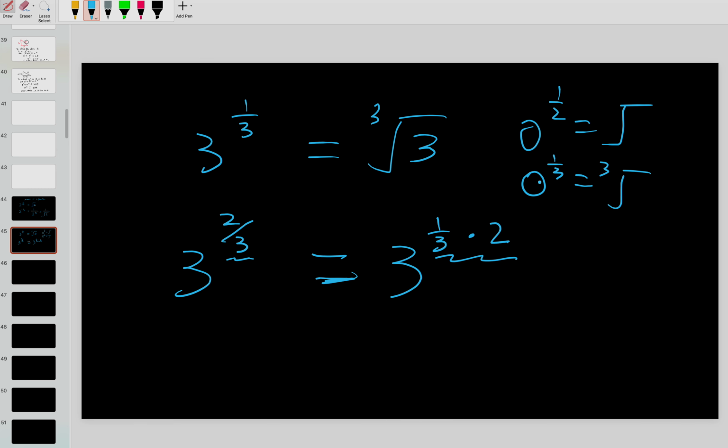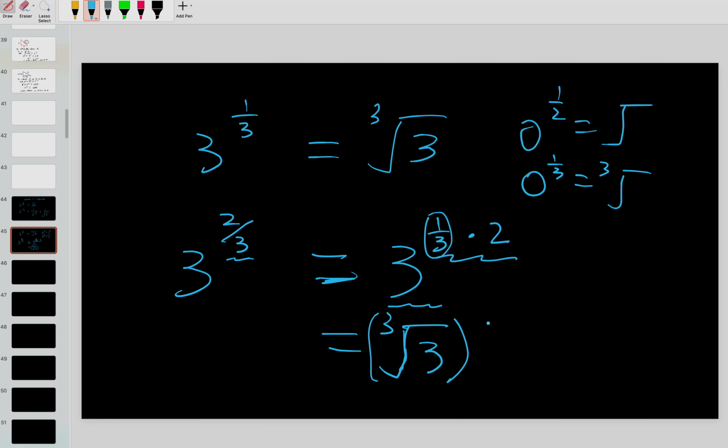Are you clear? Yeah. So now, once you split the 2/3 to 1/3 times 2, you will do the front here first. What do you get for the front? 3 to the power 1/3. 1/3 is cube root, right? Yeah. So 1/3 is cube root. The 3 is below. Okay? So you still have the square, right? Where do you put the square?